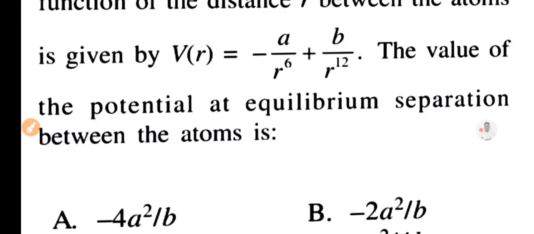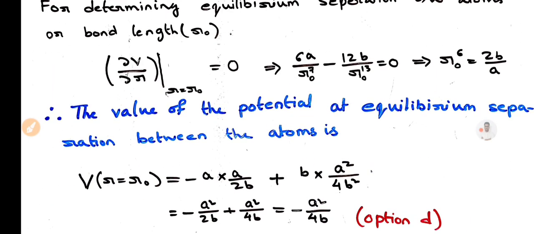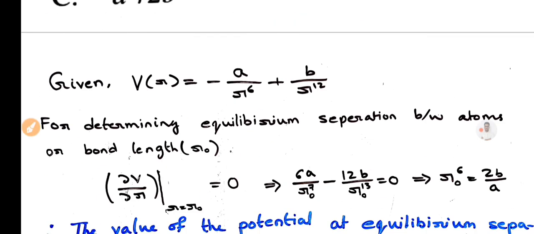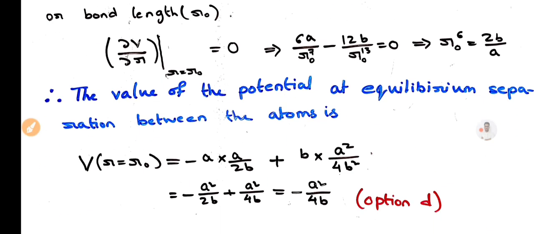Now the question is the value of the potential at equilibrium separation between the atoms. So you have to put this r naught value in the equation.